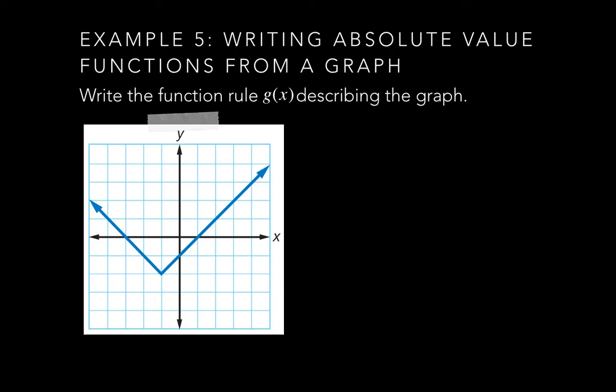We're going to analyze this graph and figure out what would be the rule that describes it. Okay, so we have to think. Has it moved right or left from that original? Look back at the bottom of page 3. That was the original. Did it move right or left? Yeah, it moved left 1 unit. Okay, now did it move up or down?